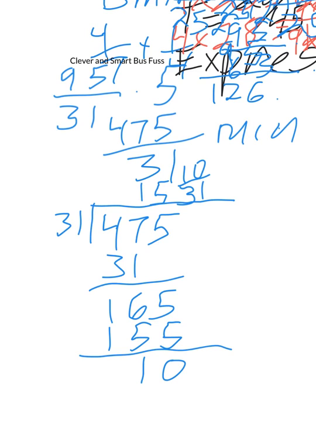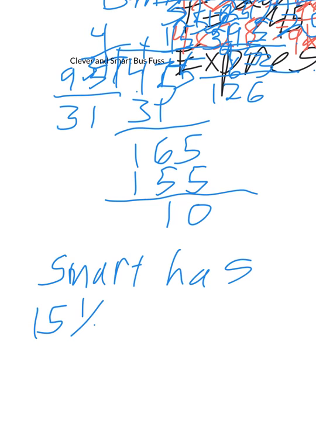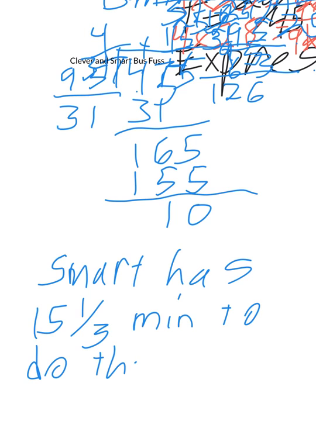So as far as Clever and Smart is concerned, 15 and a third minutes is a close enough answer. And so my final answer here, I'll move things around. My final answer is, and I can't remember who it is. Is it Smart? Smart has 15 and 1/3 minutes to do the shopping.